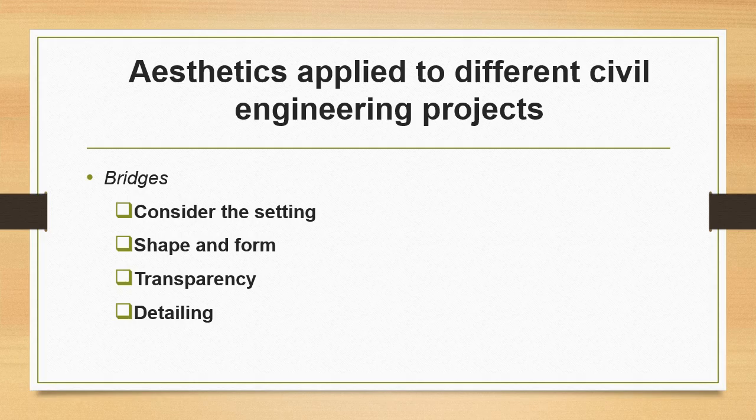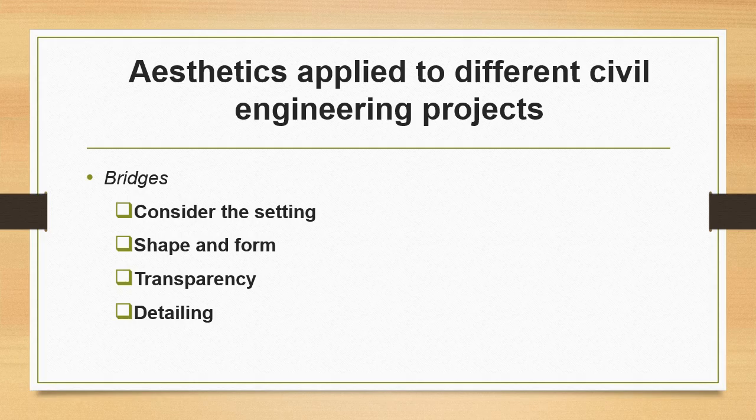Second one is shape and form. That means proportions of the bridge's components, such as the ratio of the tower height to span length, are crucial for a graceful appearance. Third one is transparency.